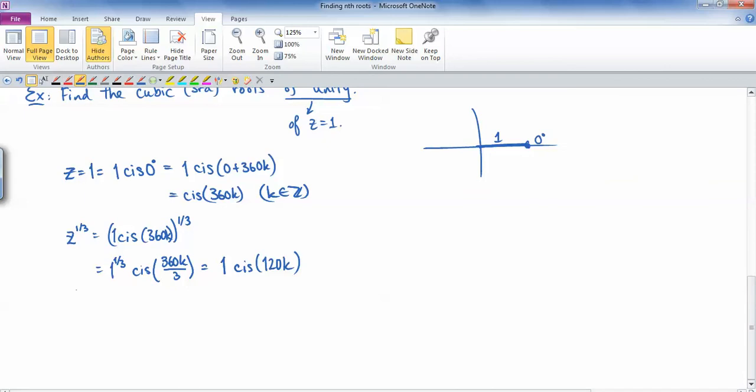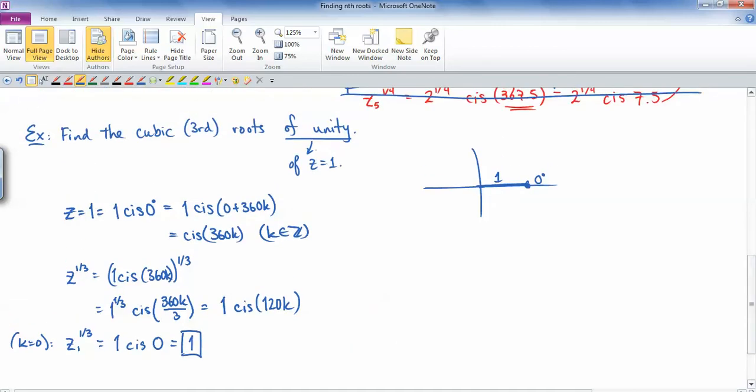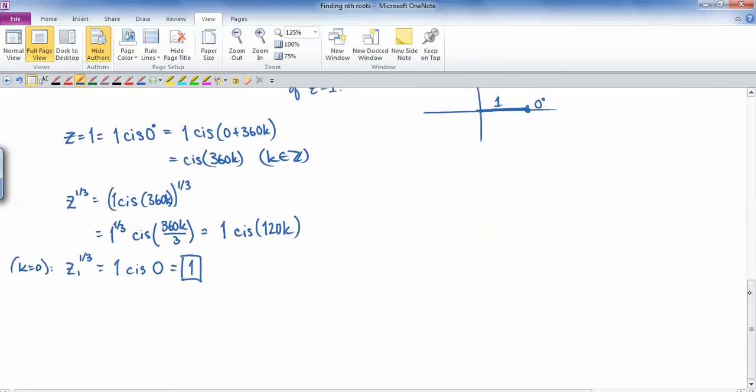So the third roots of 1, of unity, one of the answers is going to be when k equals 0. So when k equals 0, we get 1 CIS 0. And if you think about that, 1 CIS 0 is really just 1. And if I said take the cubic root of 1, the one answer you're probably going to be able to think of off the top of your head is the number 1. Let's look at the next one.